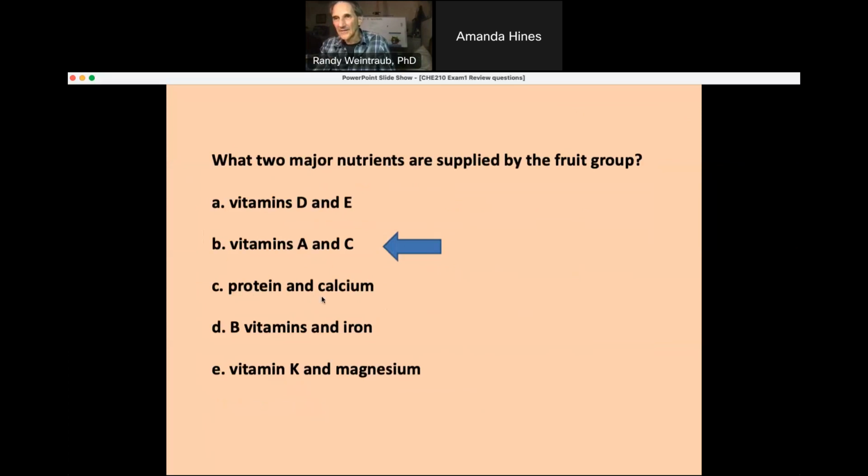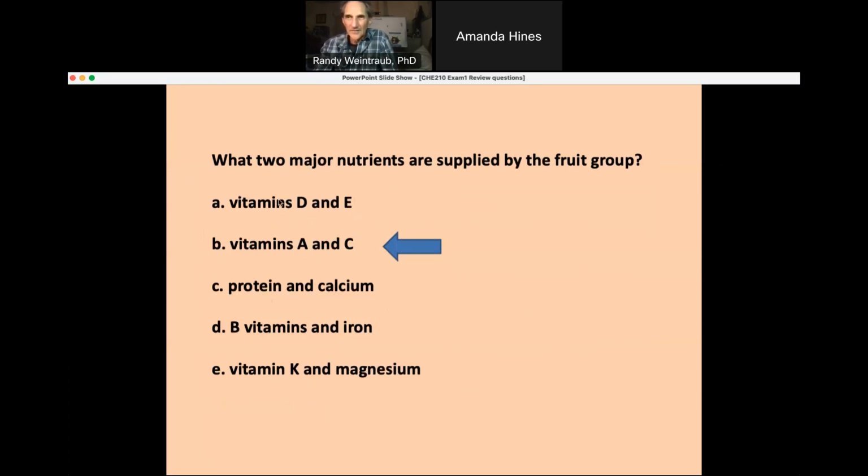Protein and calcium. Well, you might associate that with dairy. B vitamins and iron. Well, that also could be maybe vegetables. D and E, you might think of avocados or something, because these are fat-soluble vitamins.